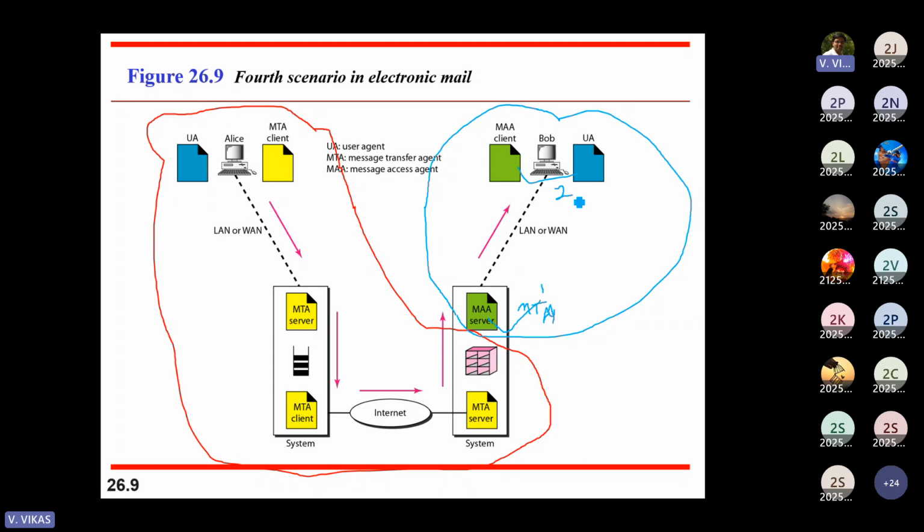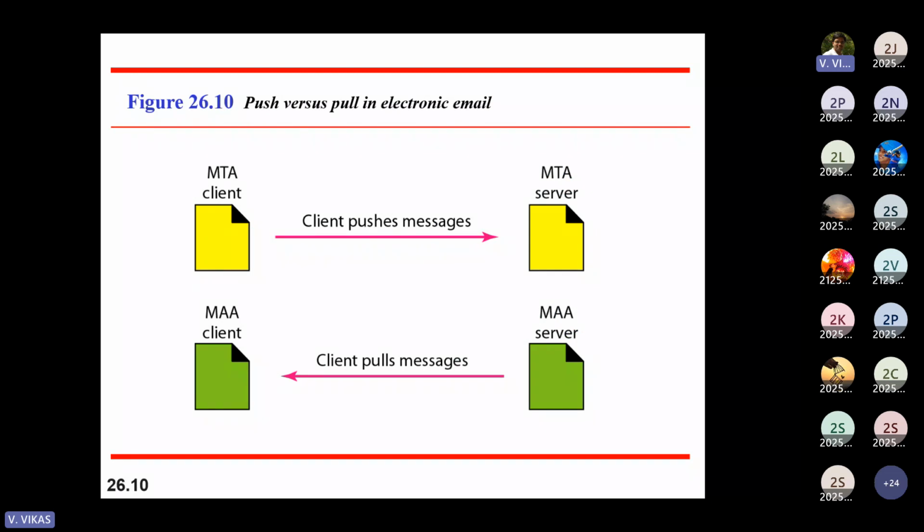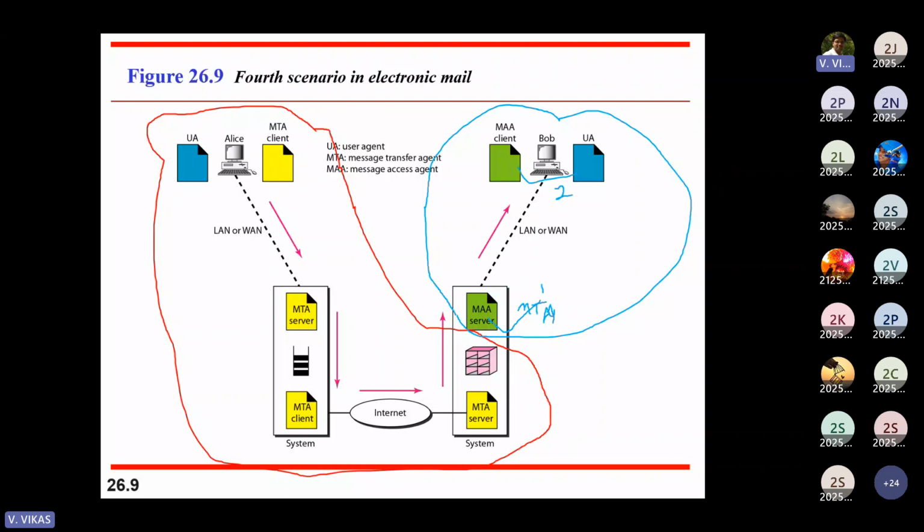The message transfer agent is responsible for pushing the information, and MAA is responsible for pulling the information. As we discussed at point 2, I cannot have 24 by 7 working conditions, so I cannot consider a server over there.